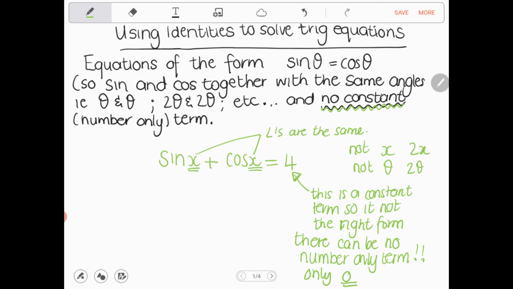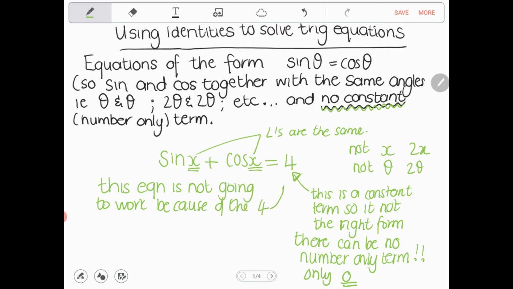So if it was, say, sine theta is equal to 4 cos theta, that would be fine, because you don't have a number only term.